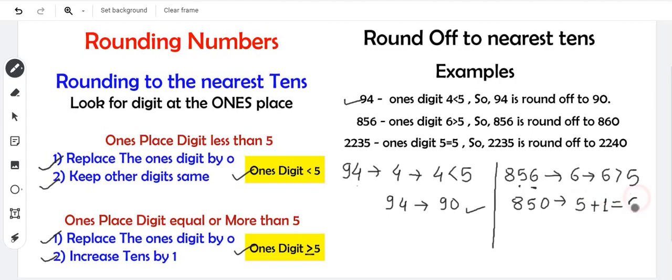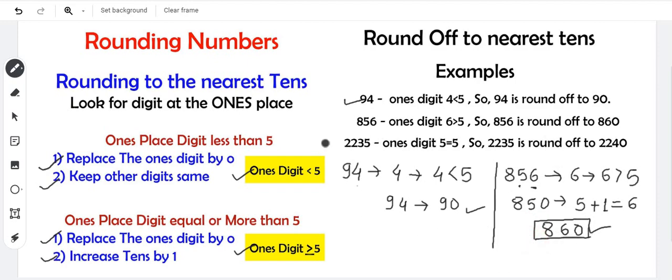The tens digit is 5, so the tens digit increases by 1. It means 6. So the number is 860. Is that clear? So 856 is rounded off to 860. Is that clear?